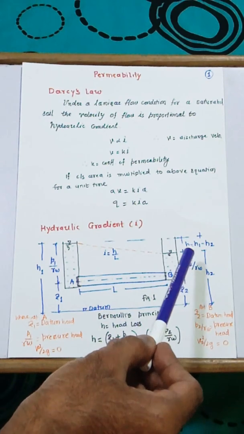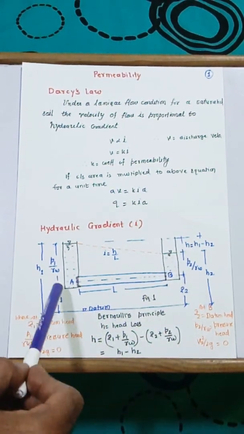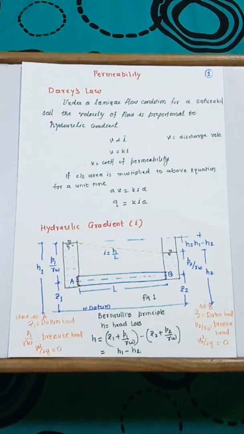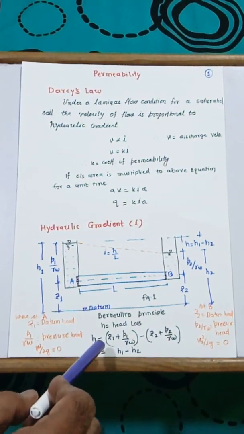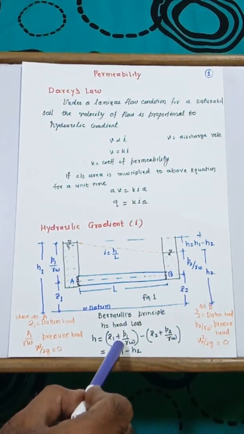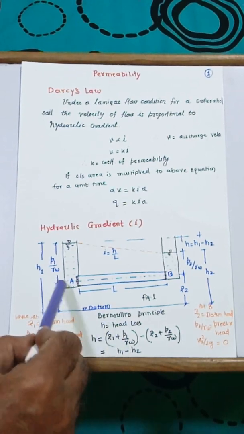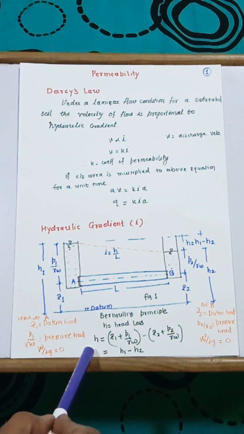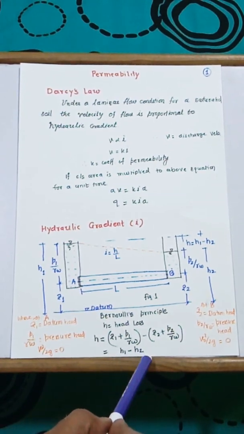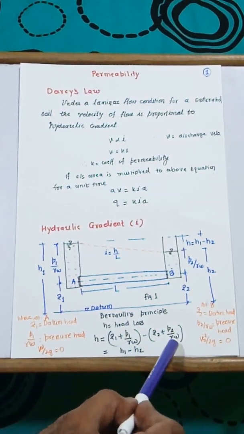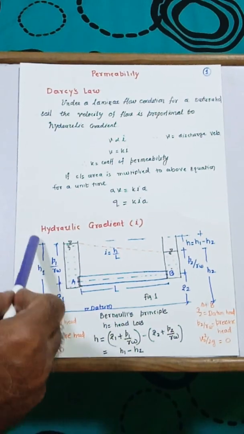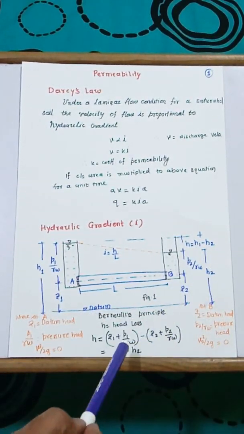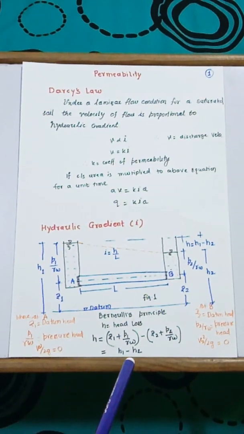So this head loss, if I determine it using the total discharge and the basic Bernoulli's principle, is the total head at point A minus the total head at point B. You'll find h is equal to H1 minus H2, because this bracket indicates total H1 and this bracket indicates total H2, so the difference is H1 minus H2.